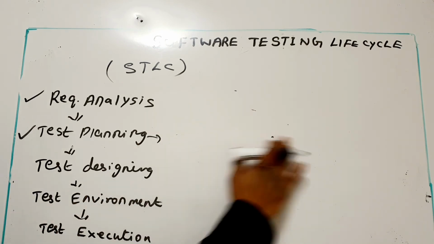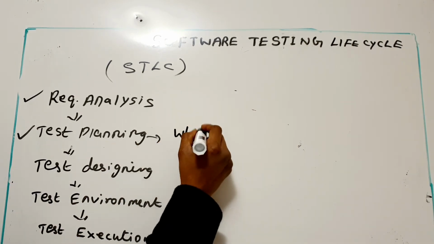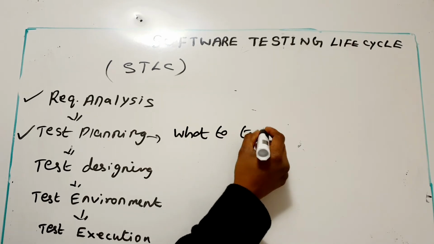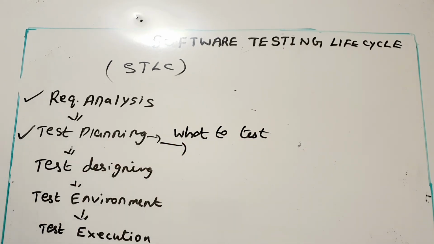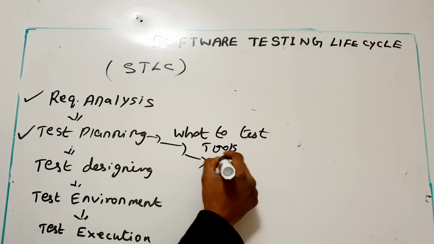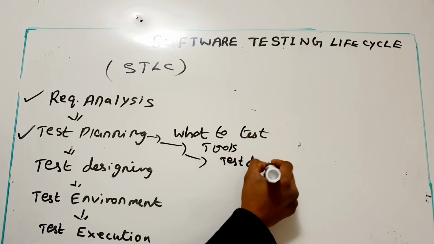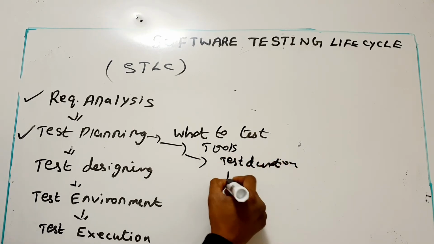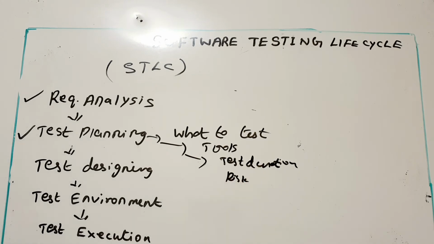It contains what to test, what tools we are using for testing, what is the test duration, risk and contingencies plan, everything. It is nothing but a plan. You're just planning what you need to follow when you're going to test. I hope you're clear with this.